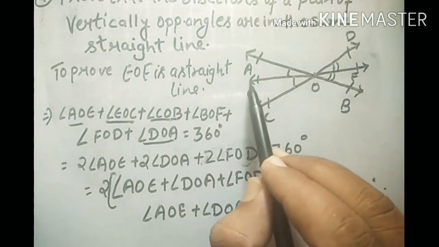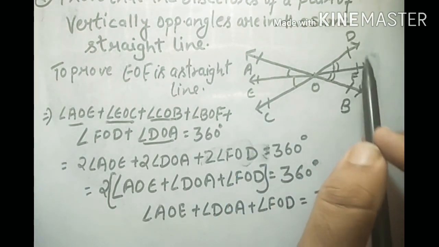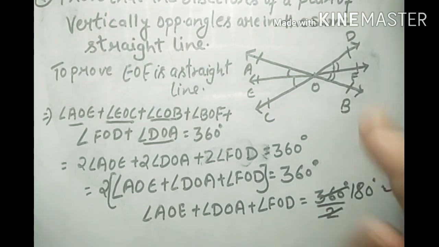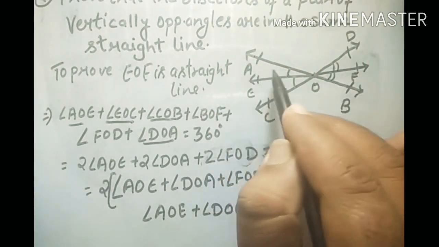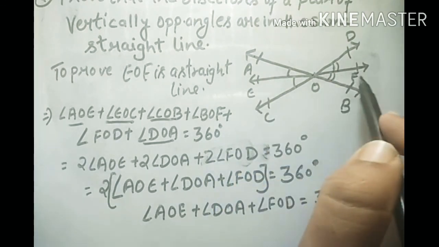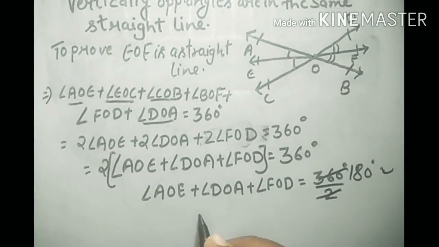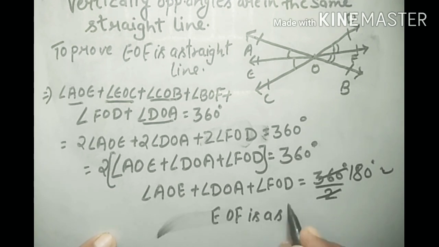Okay, so angle EOA plus angle AOD plus angle DOF is equal to 180 degrees, and when these angles sum to 180 degrees, we can say that EOF is a straight line.